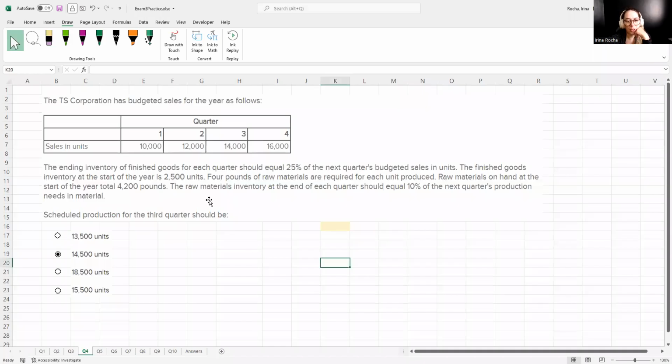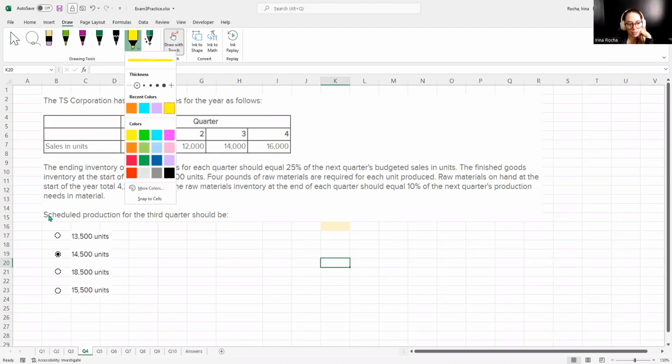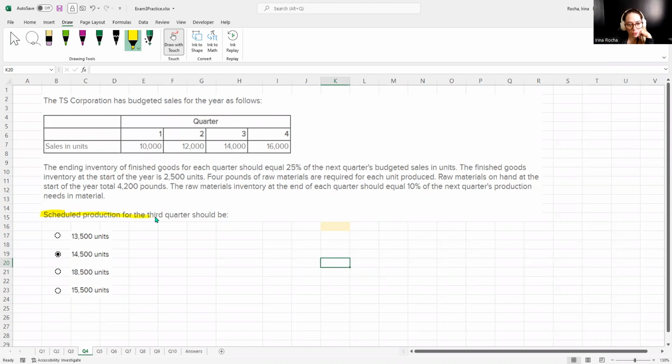So this one got me a little confused because they are mixing two kinds of budgets on the same questions. So they say, has the budgeted sales for the year as follows. The ending inventory of finished goods for each, just before we continue, what they're asking here is scheduled production for the third quarter.